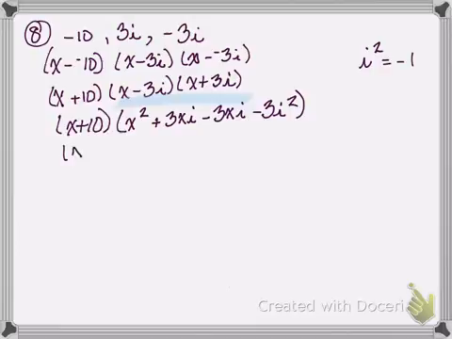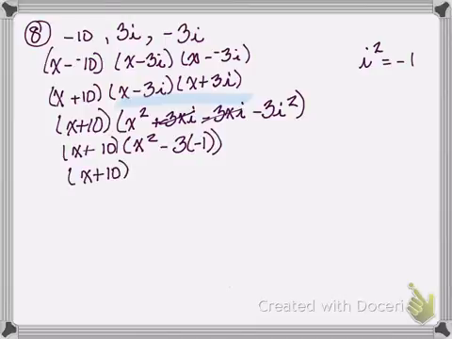Okay, so I am left with x plus 10 times x squared. Those terms cancel. My i squared is minus 3 times negative 1. And that right there becomes plus 3. So I have x plus 10 times x squared plus 3.